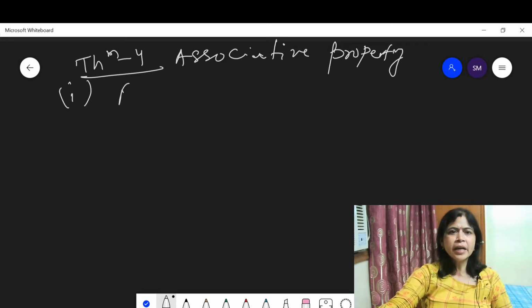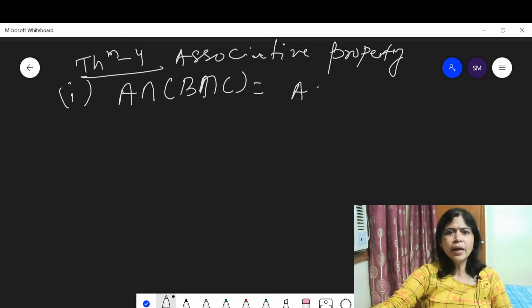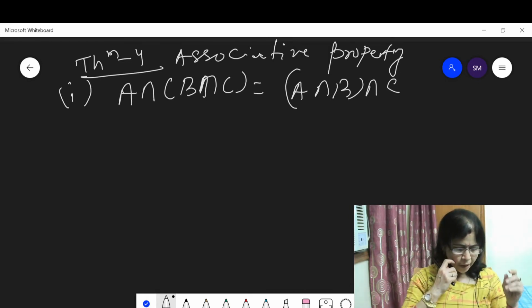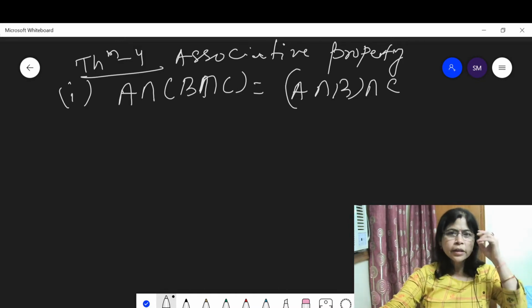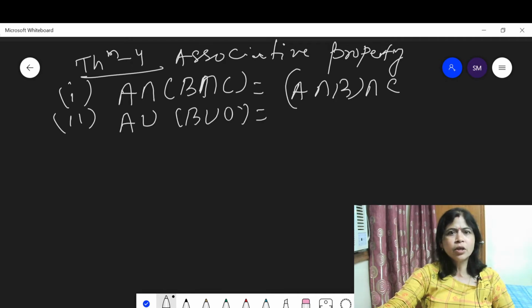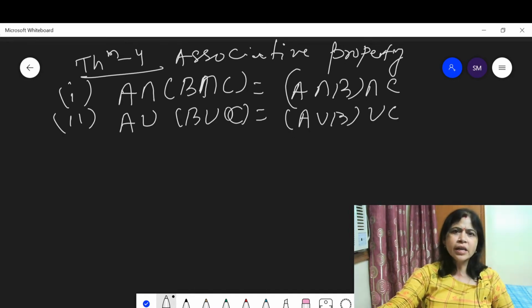We have to prove that A intersection (B intersection C) is equal to (A intersection B) intersection C. This is the associative property. Then the associative property of union: A union (B union C) is equal to (A union B) union C. This is the associative property.